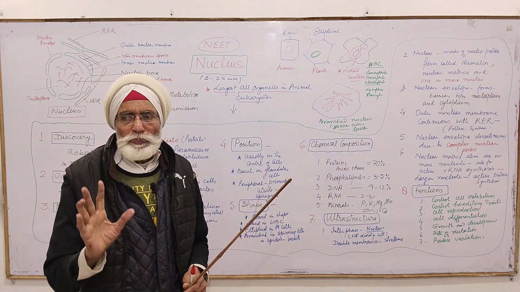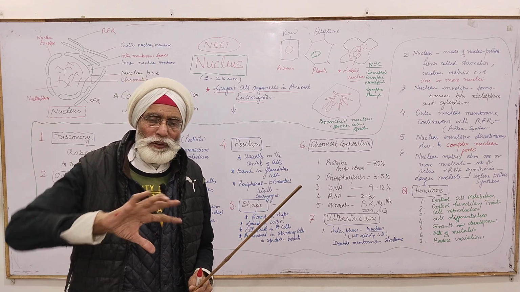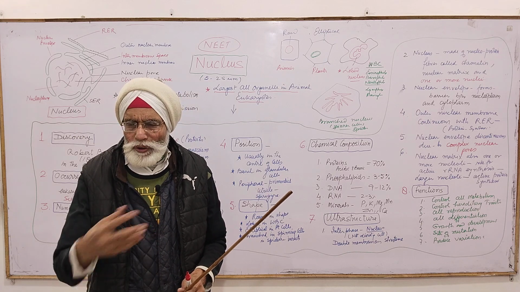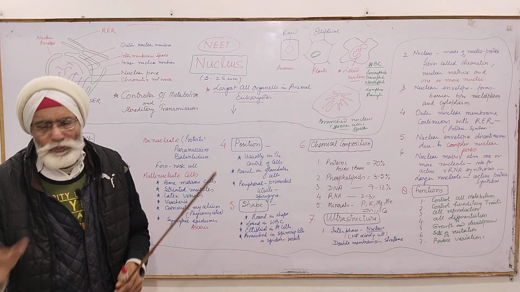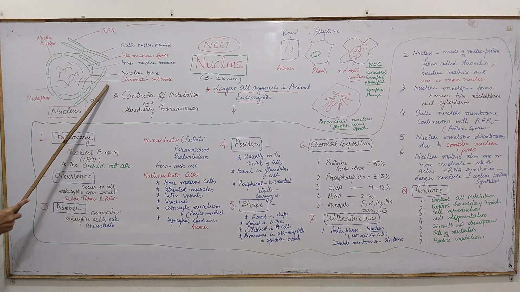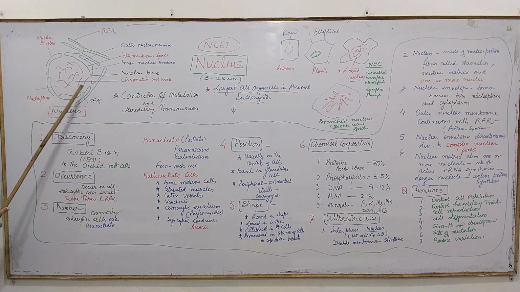Ultimately, the two most important functions are either to control the cell metabolism or, at the time of cell division, to modify into thread-like chromosomes.